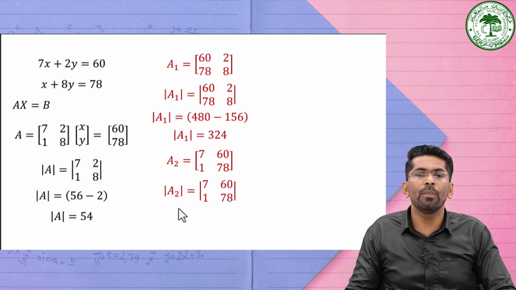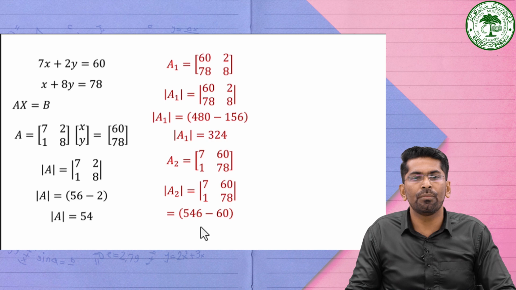So the determinant value of A1 is 7, 60, 1, 78. We are going to multiply 7 into 78, then 60 into 1. So 7 into 78 is equal to 546, minus 60 into 1 which is equal to 60.